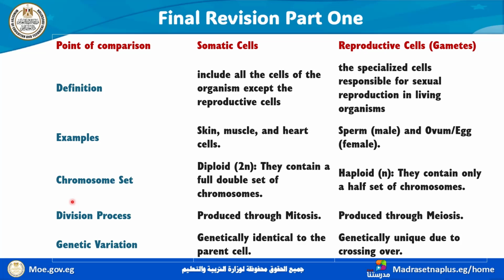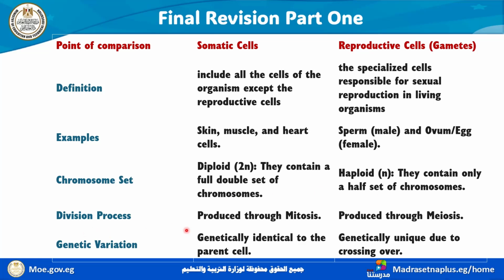The third point of comparison, the chromosomes. In somatic cell, there is a diploid number 2n. They contain a full double set of chromosomes, or the whole number of chromosomes, while the gametes have the haploid number. They contain only a half set of chromosomes, n.